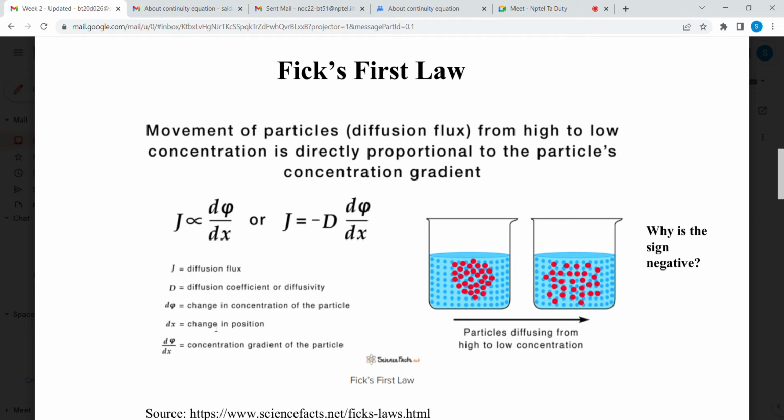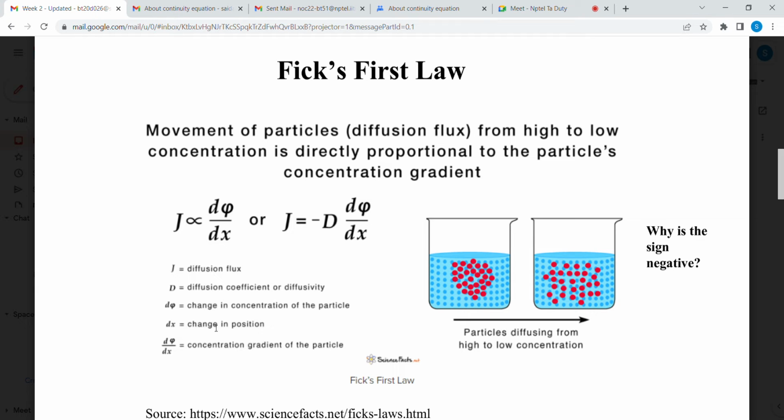But as time increases, you take an arbitrary point x2 nearer to the point x1, and then you keep measuring the concentration of ink.